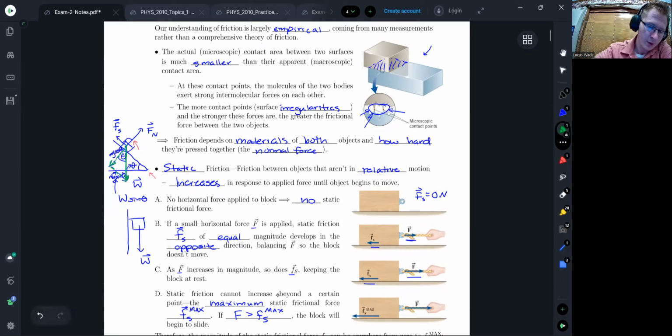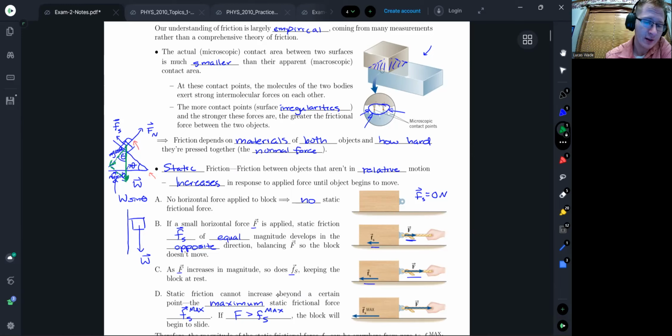The component perpendicular to the ramp pulls the block towards the ramp, and that's what's balanced out by the normal force, which normal means perpendicular. The normal force is always perpendicular to the surface that supplies it, in this case, the ramp. So it does not act straight up. As a result, it's not balancing out the full weight of the object.